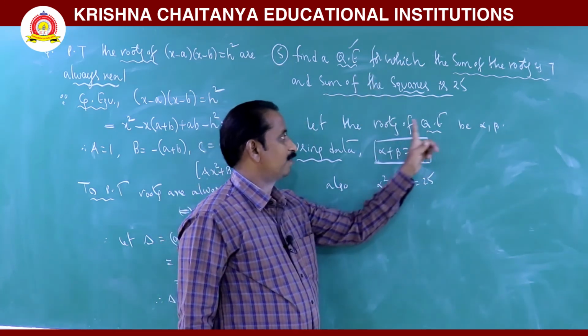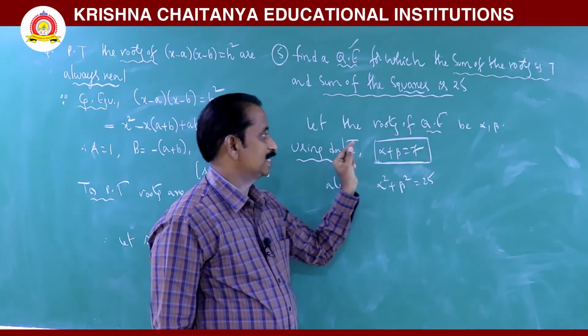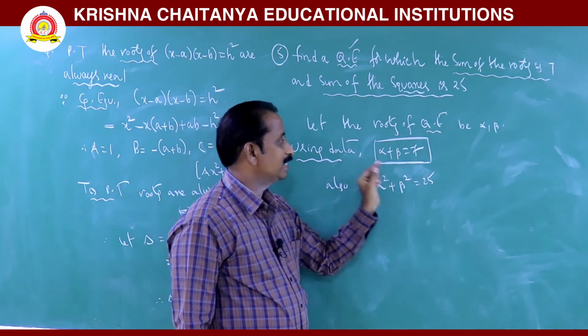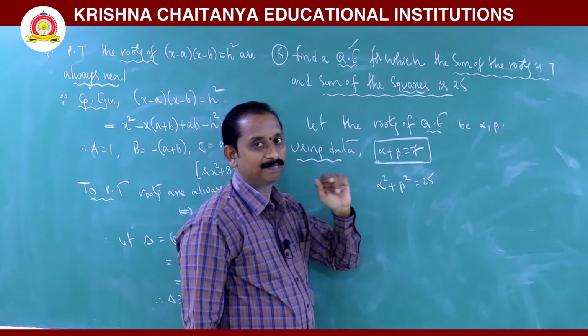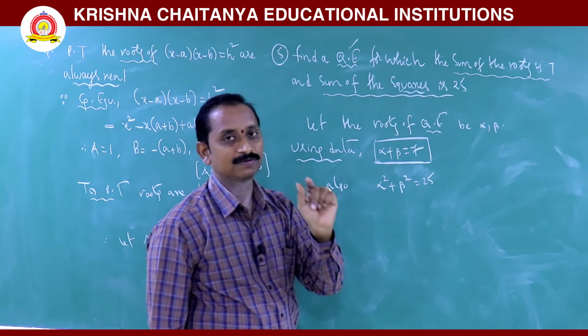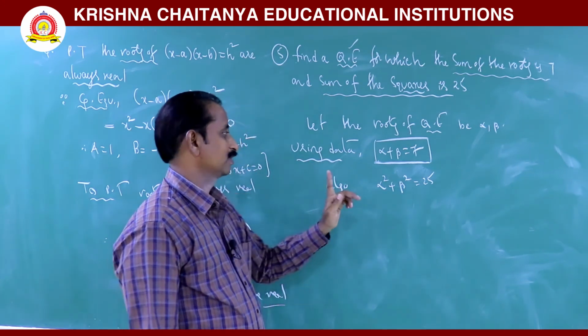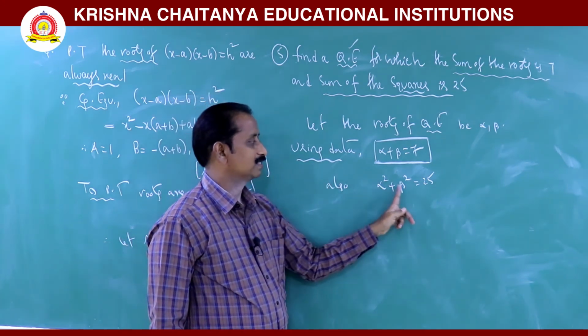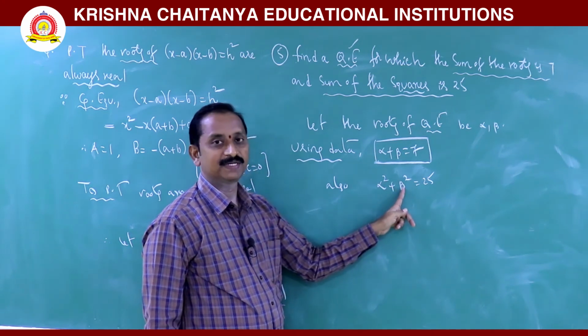To form a quadratic equation we indirectly need the product of the roots, but the sum of the roots is already given. So how do we get the product of the roots? Using the condition.